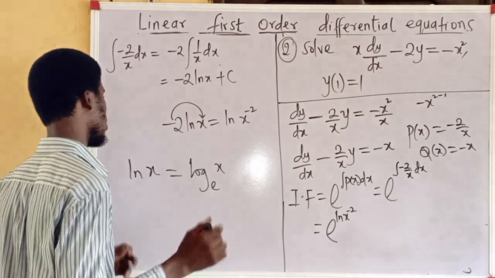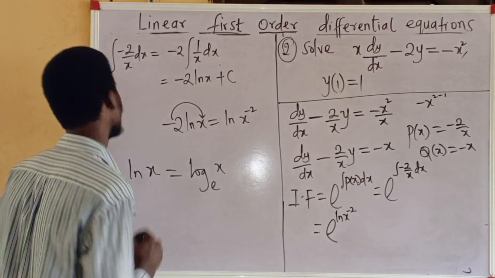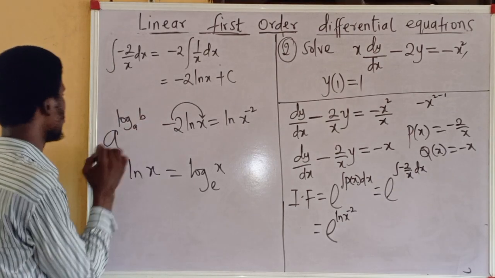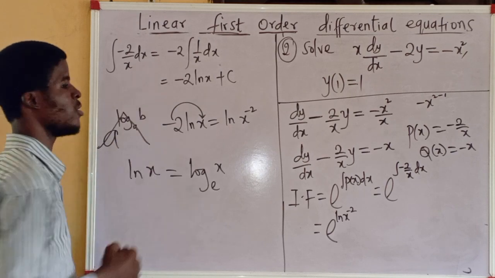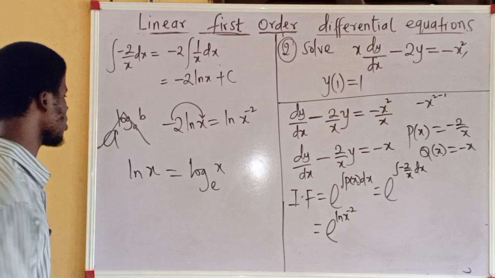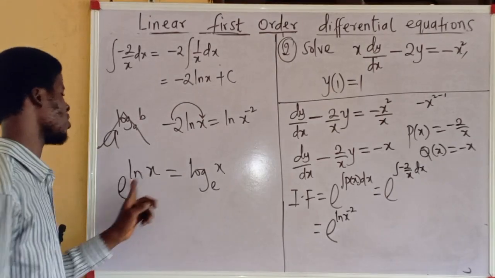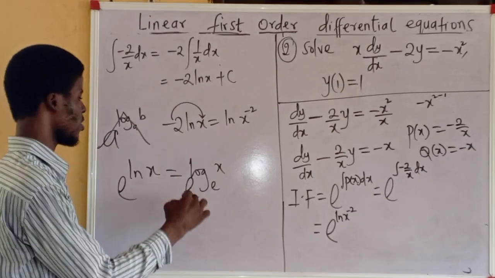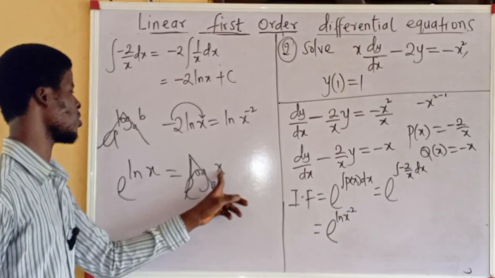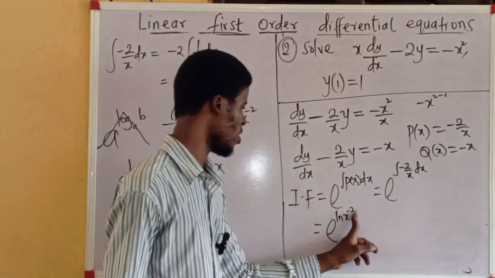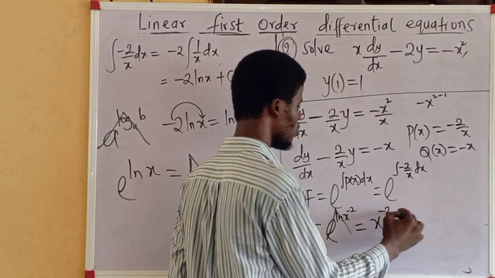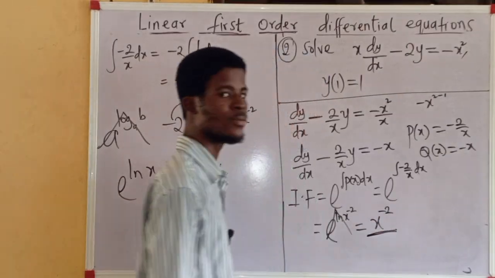So the law of logarithm says that if we have e to the power of log b to base a, the a will take away the log and the base a, leaving us with just b. So in this case we are having e raised to the power ln x. The e will take away the log and the base e, leaving us with just x. So we are having x raised to the power minus 2. So this is the integrating factor.